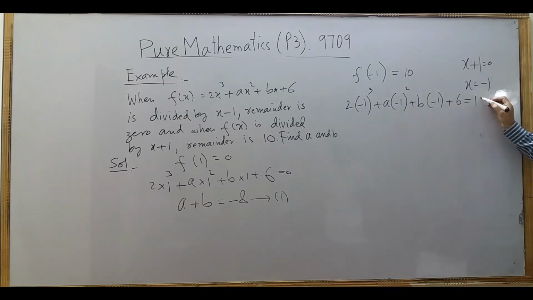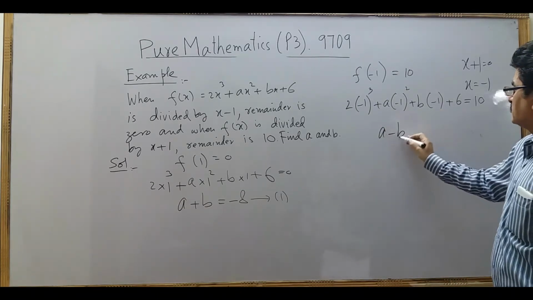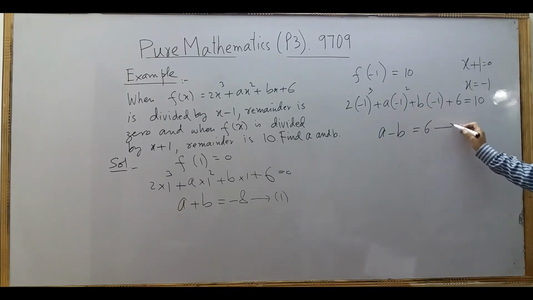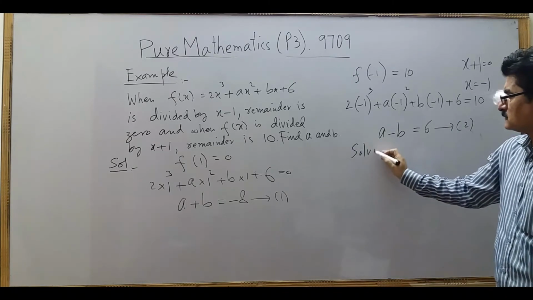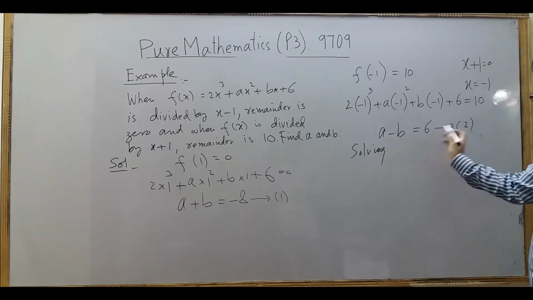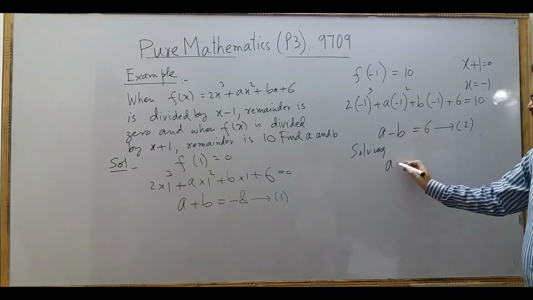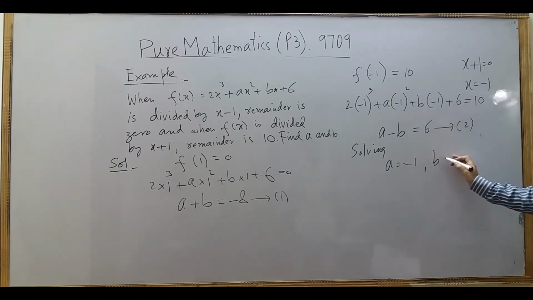Now this is equal to 10 given in the question. Simplify this equation, you will have a - b equal to 6. So this is the second equation. Now solving these equations simultaneously, you will get the value of a to be -1, value of b will be -7.